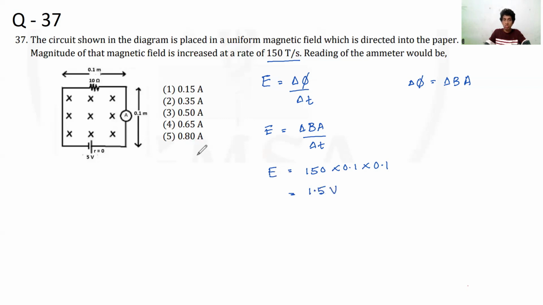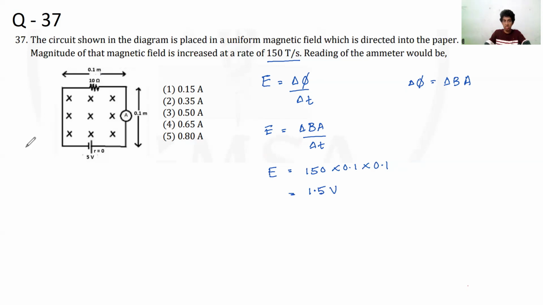Now what we should find is the direction of the induced electromotive force. For that we can use Lenz's law. Lenz's law states that the direction of the induced electromotive force is such that its current flows in a direction opposing the change of flux causing it.